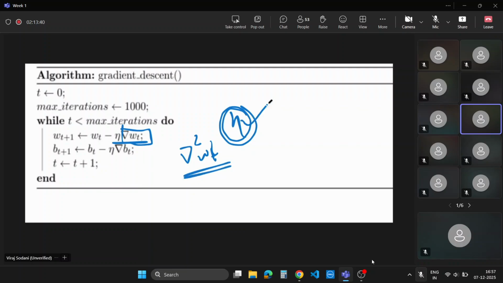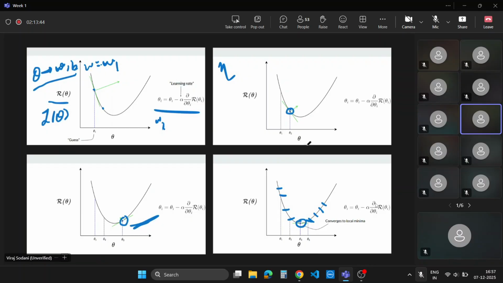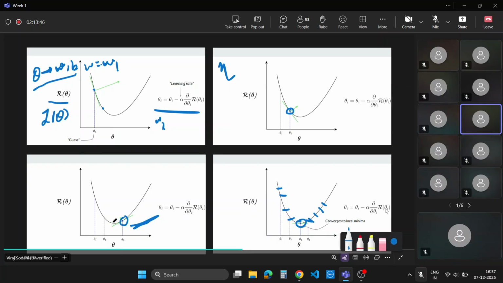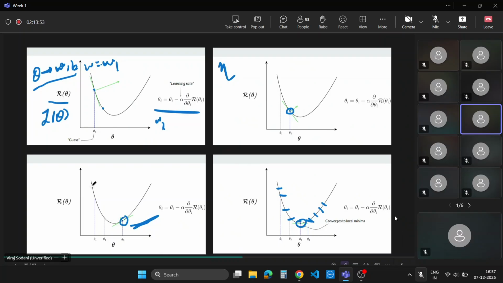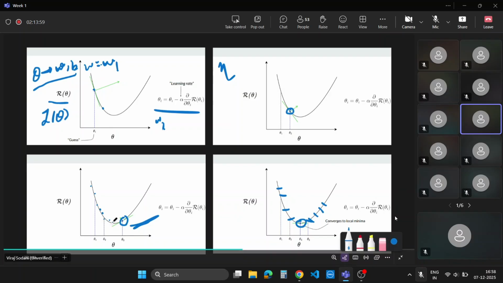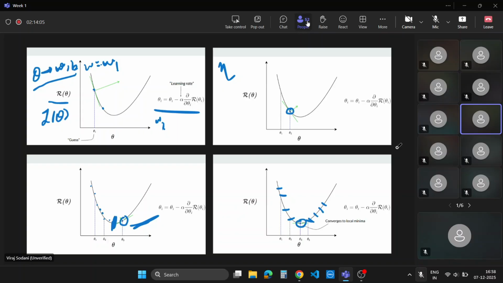So we adjust our eta as per the needs, so that we don't, like in this case you had seen, jump across the local minima and then again make our way back to the local minima. So in SGD, you'll be having a point here, then here, then here, then here. You'll be having smaller steps, and finally you'll be stopping at the local minima. That's the stochastic gradient descent part.